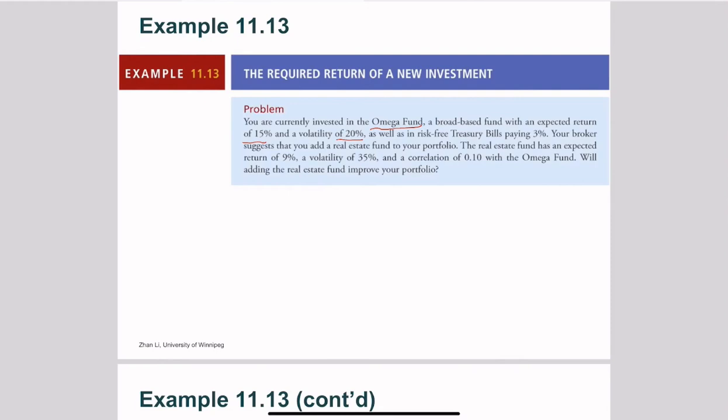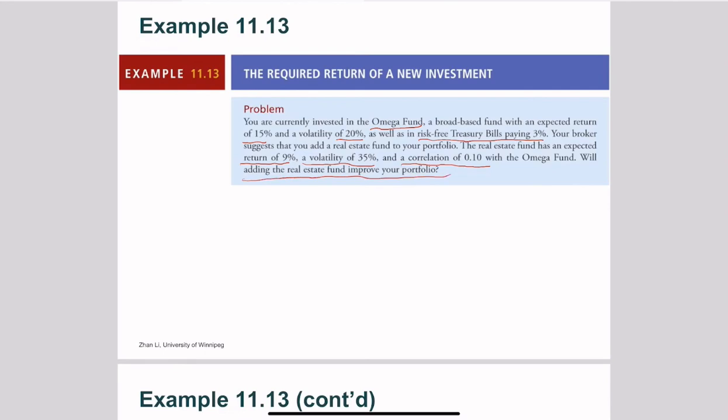Let's say the risk-free T-bills pay you 3%. Your broker suggests that you add a real estate fund to your portfolio. And this real estate fund has an expected return of 9%, a volatility of 35%, and a correlation of 0.1 with the Omega fund. The question is, will adding the real estate fund improve your portfolio?